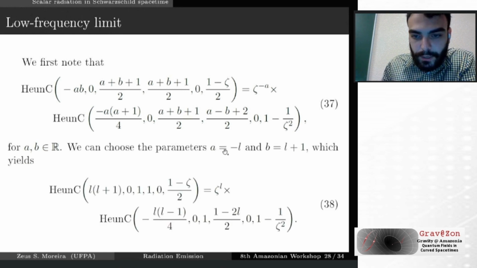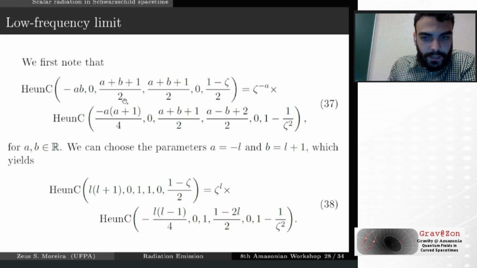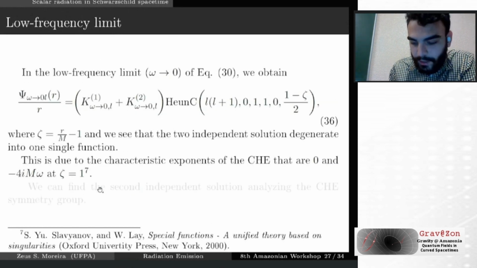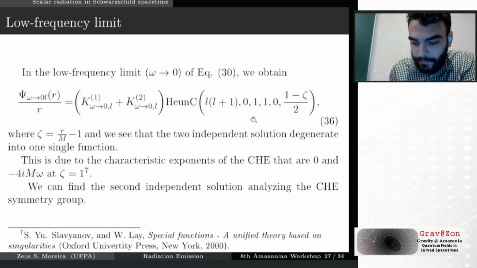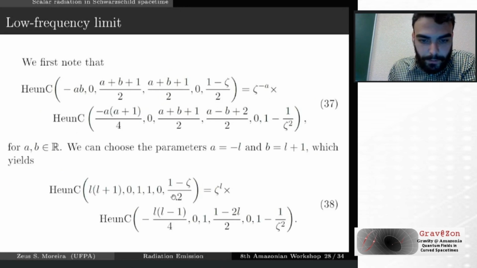We choose A to be minus L and B to be L plus 1. So in this case, the left-hand side reduces to the confluent Heun function that we had here in equation 36, this one. And we can rewrite it in this manner.